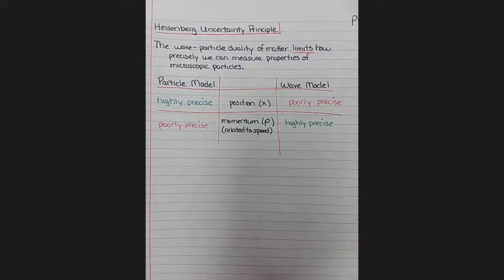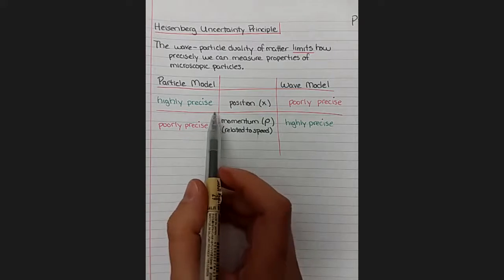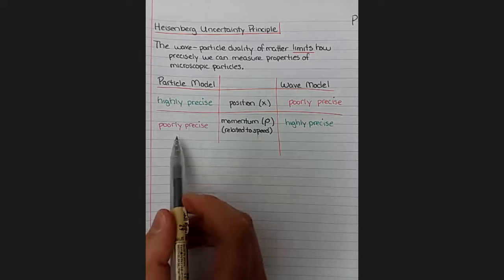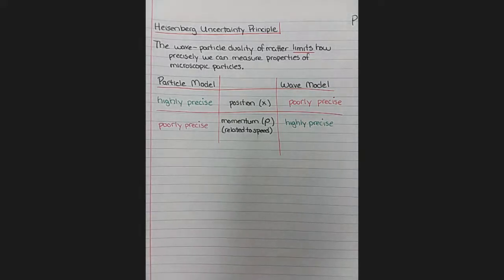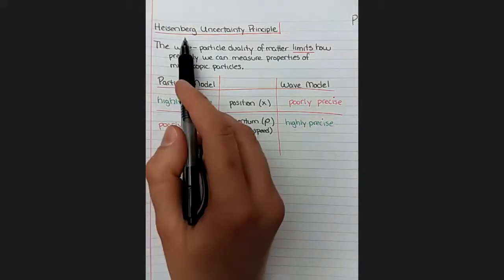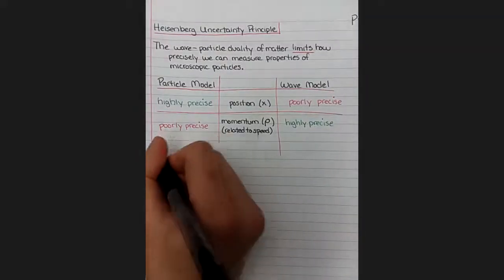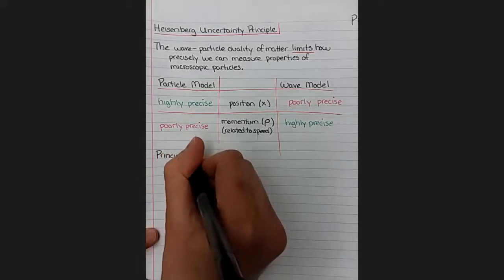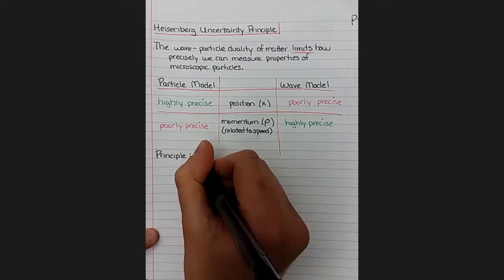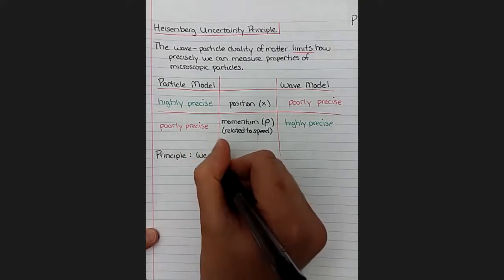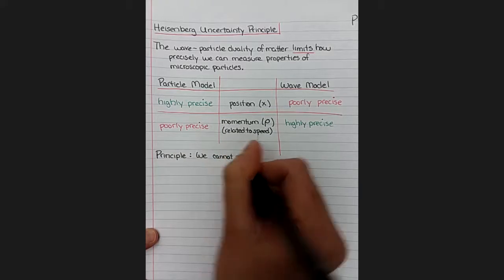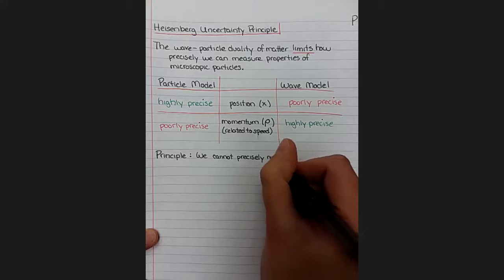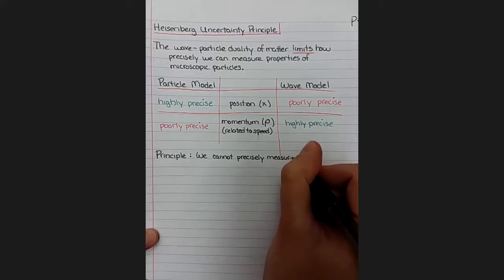So the way this works, depending on which model we choose, we can measure one of these variables very precisely, but the more precisely we measure one variable, the less precisely we are able to measure the other. And that is a summary of what Heisenberg's uncertainty principle states. So in simplified language, Heisenberg's uncertainty principle says we cannot precisely measure both of these variables at the same time.